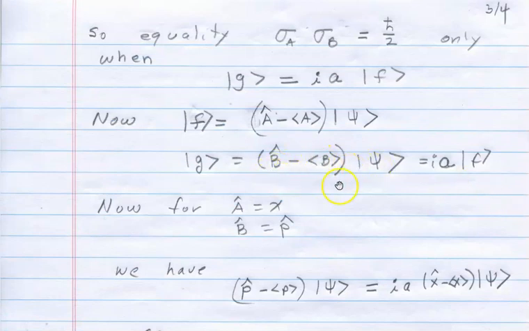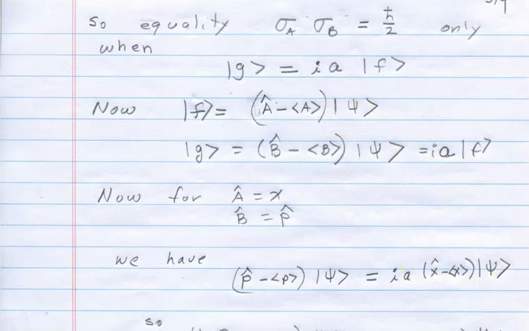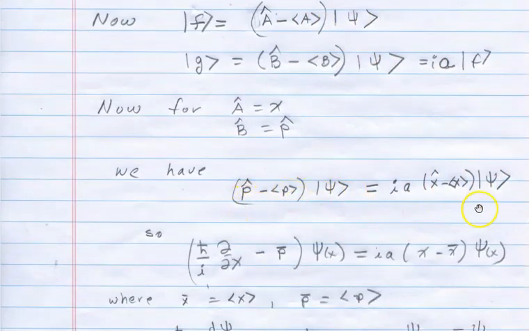And this equation then becomes: the momentum operator minus the expectation value of the momentum operator, acting on psi, is equal to i times some constant, imaginary, that's our C that had to be imaginary, times x minus the expectation value of x, times the wave function back again.